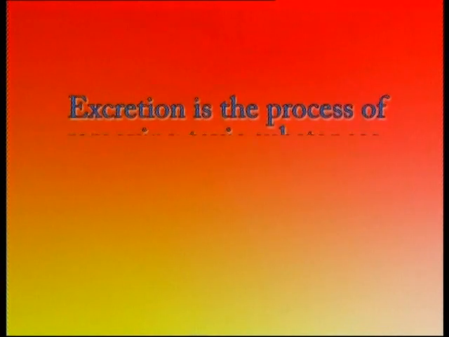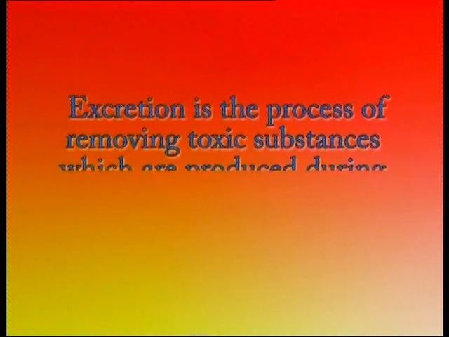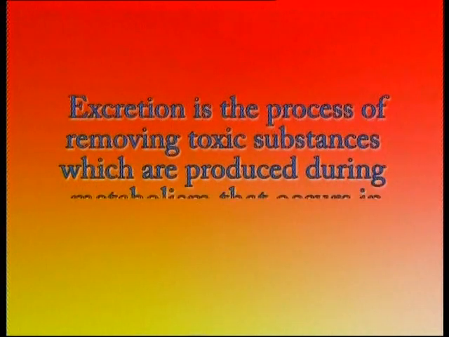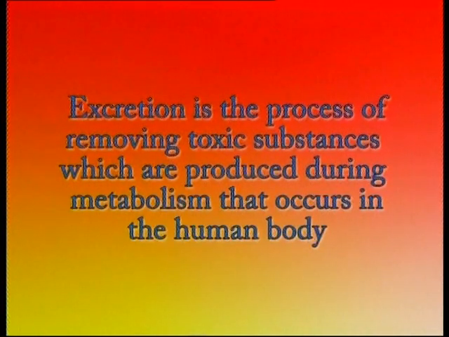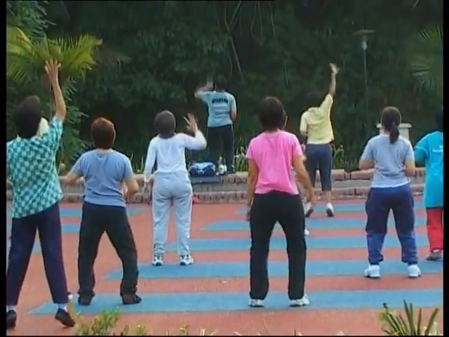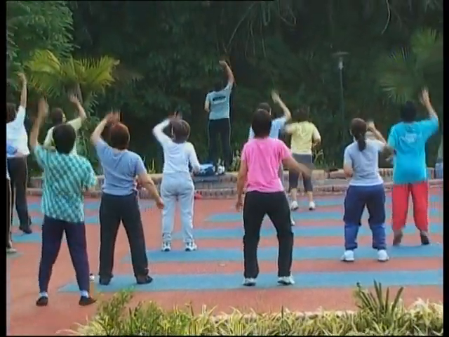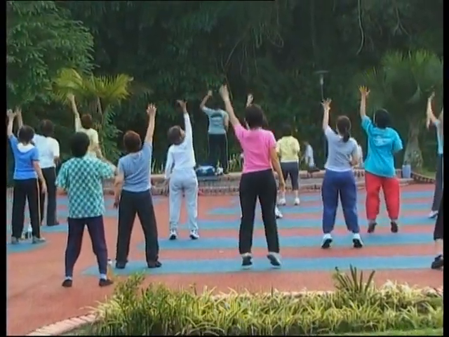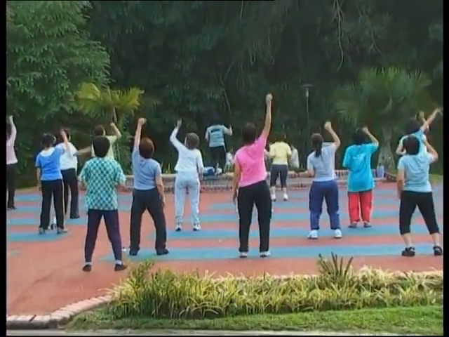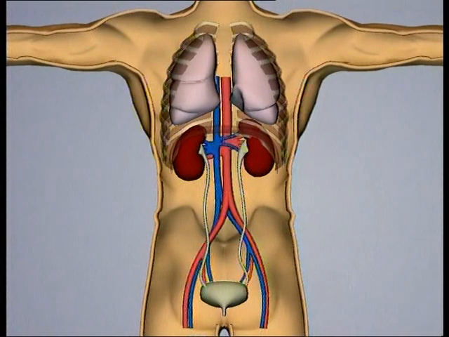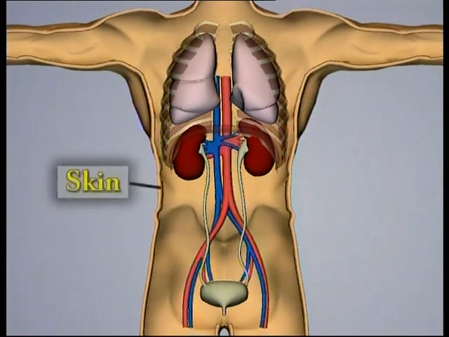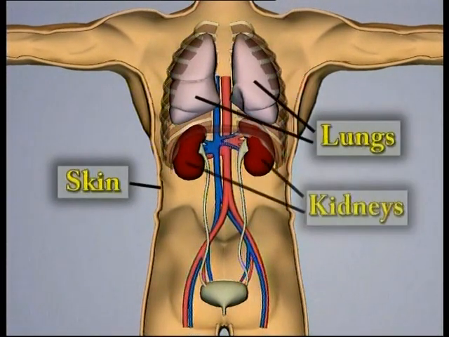Okay, let's recall what we have learned so far. Number 1. Excretion is the process of removing toxic substances which are produced during metabolism that occurs in the human body. Number 2. Excretion is important to maintain a healthy body by the removal of toxic waste. Number 3. The human excretory organs are the skin, lungs, and kidneys.